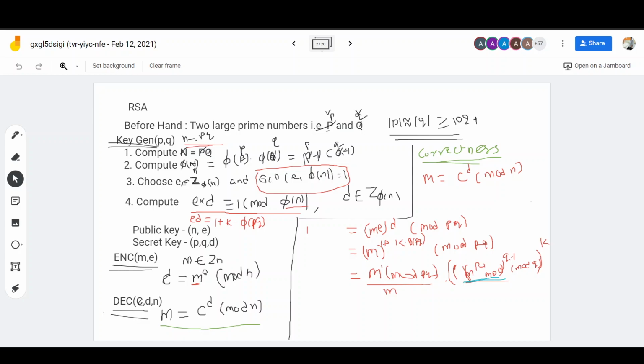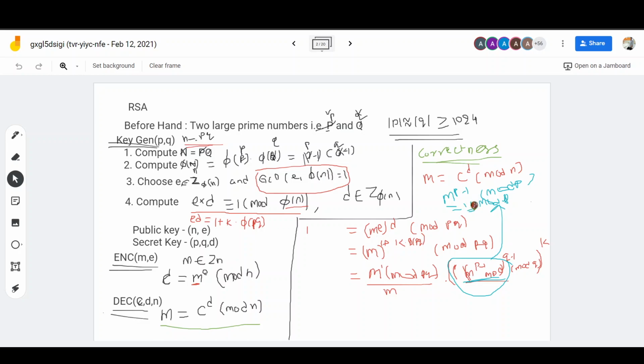So this particular equation is okay. What is written here? m to the power p minus 1 of mod p, which is equal to 1 of mod p. This we know. So this is equal to 1 only.